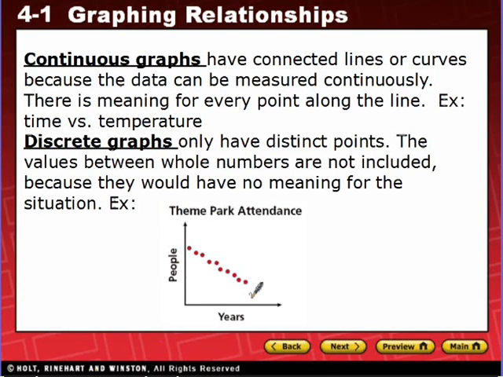So we don't want just a line going down because that would sort of indicate that we could have 12.5 people or 2.5 million people there, and we can't really have that. So that's the big difference. Dots for discrete, when we have things that can be counted individually, and continuous when we have data where there really is meaning for all the little fractions and decimals along the line.